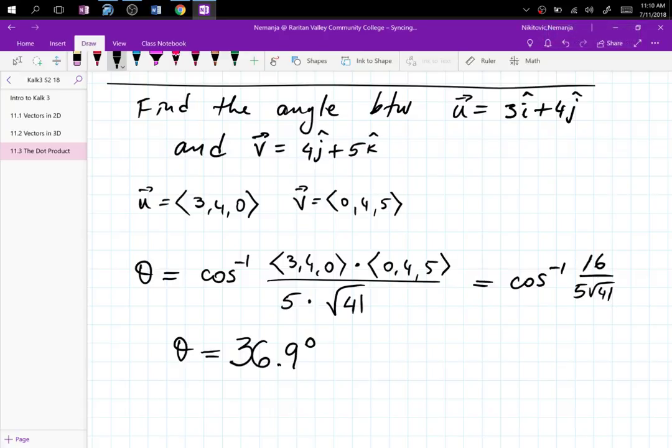Bueno? 36.9 degrees? What happened? 60. Yeah, degrees. 60. What do you mean 60? 68? No. 60 degrees. What do you have? 60 degrees. 60?